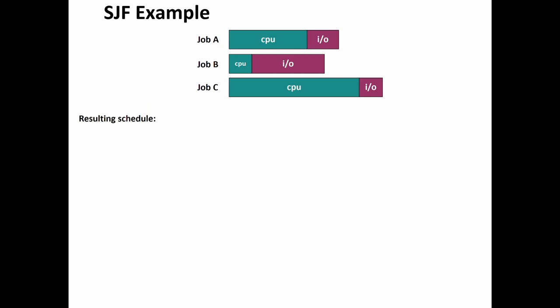So here we have an example for shortest job first. We have these three jobs or processes in our ready queue, and these are our estimates of their CPU bursts. Now this is a repeating pattern, meaning that job A doesn't end here.